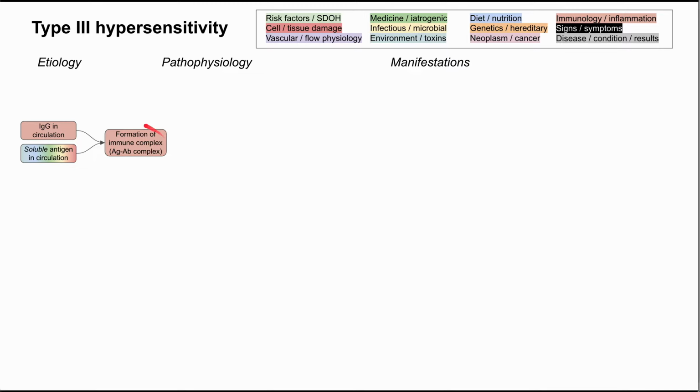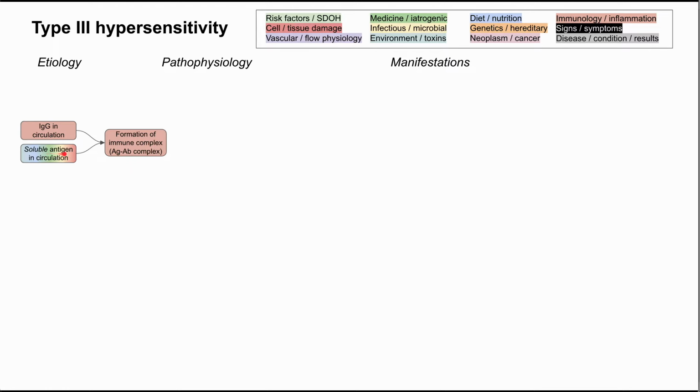So this is kind of what makes this type 3 hypersensitivity different from type 2 hypersensitivity. In type 3, the antigen is soluble and it's kind of flowing around your body in your bloodstream. In type 2 hypersensitivity, which you might remember as cytotoxic reactions, this antigen was actually attached to a cell or a subset of cells. So you'll actually be attacking those cells or attacking a certain tissue.